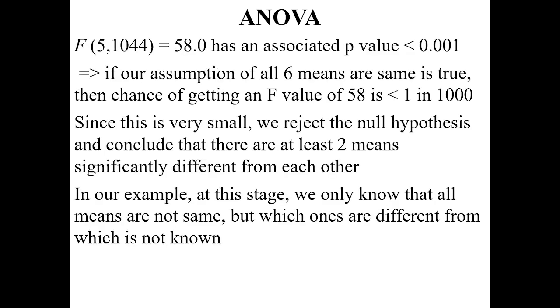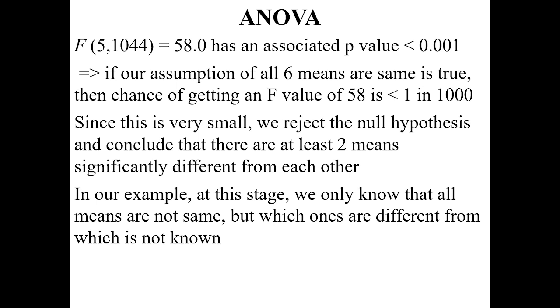So the same thing I am trying to explain in detail. F with 5 and 1044 degrees of freedom is 58, and has an associated p-value less than 0.001. How do you interpret it? I am sure you must have understood by this time.